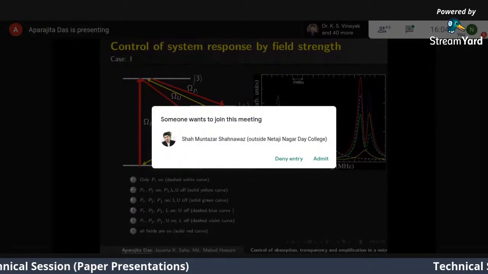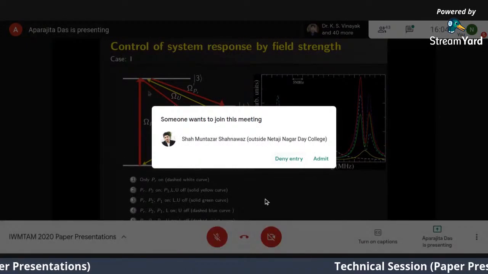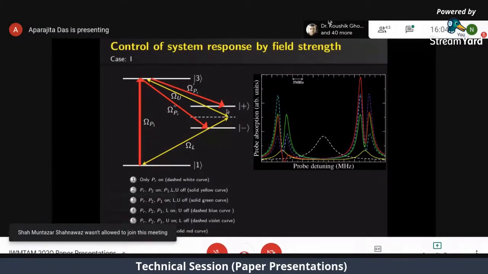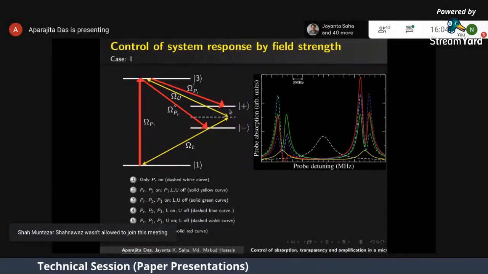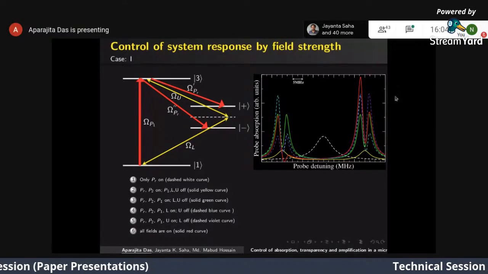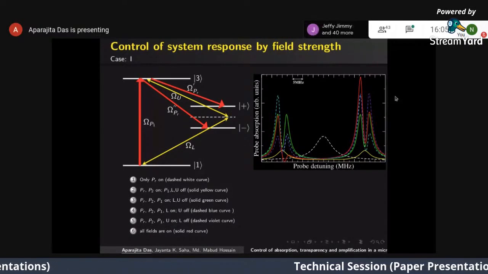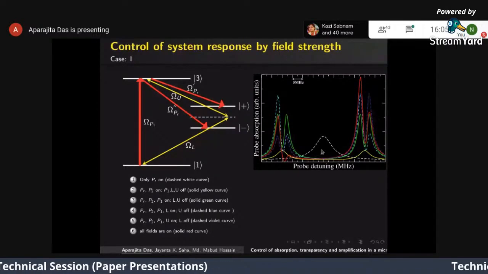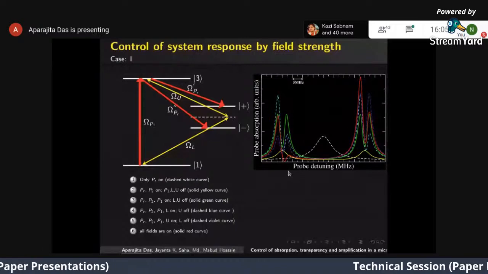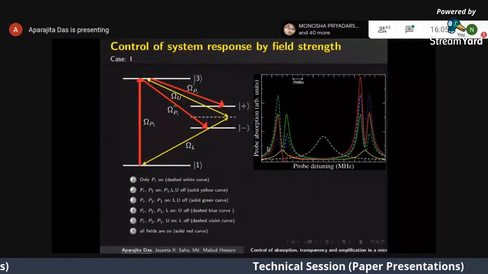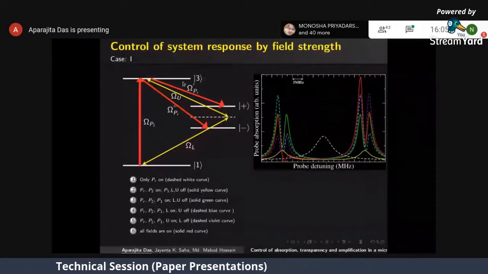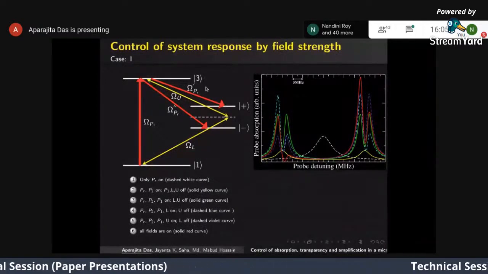So the 3 levels are 1, 3 and this plus and minus, but the overall absorptions are not same for both the detuning positions. We can say that this happens due to the non-equal strength of these effective Rabi frequencies.